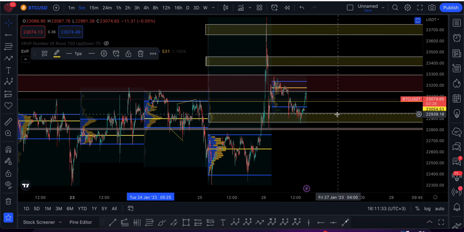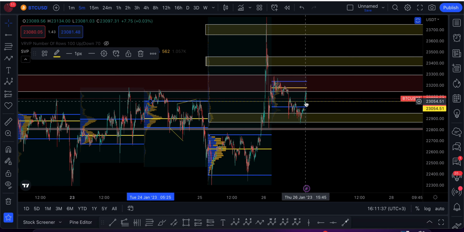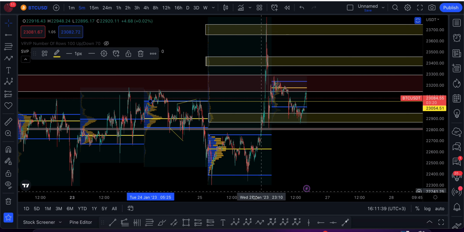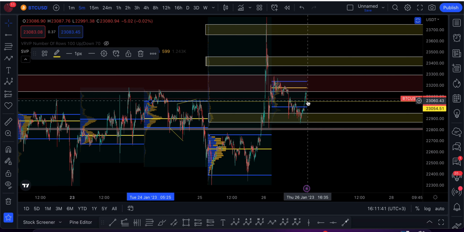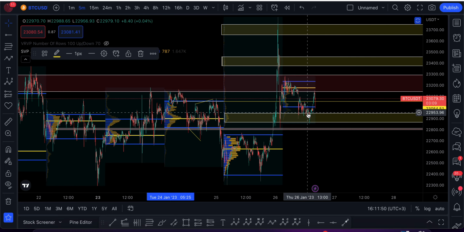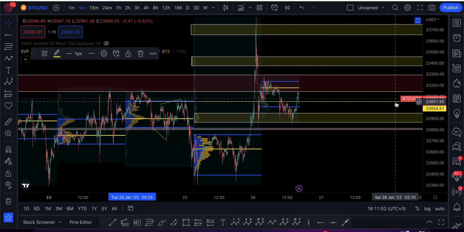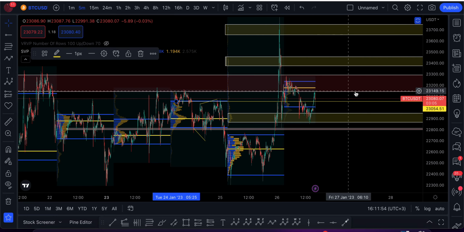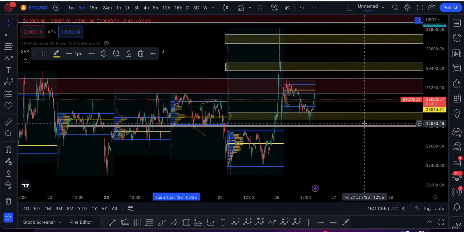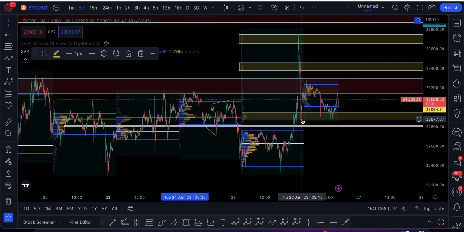So I would like to see price find or turn this into support, right? So we should be trading above this area. If we lose this, we might either range or start dropping. Okay, so keep in mind of these levels. If anything changes or anything interesting pops up, I'll make another short video and give you an update.